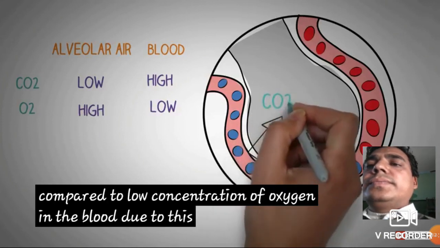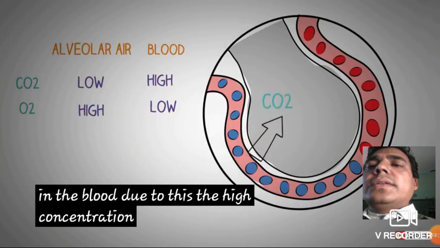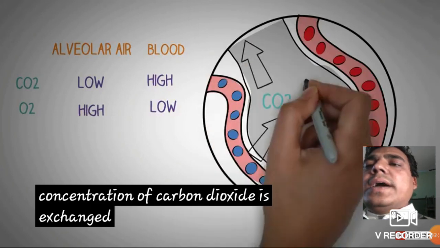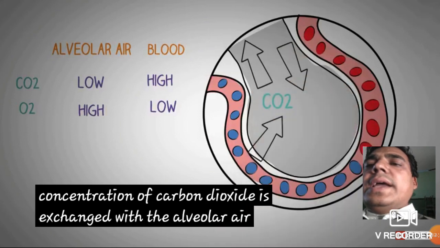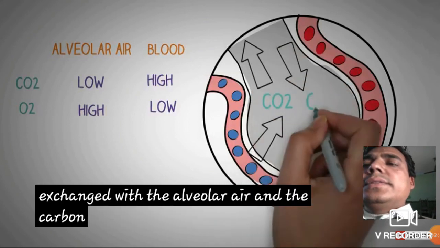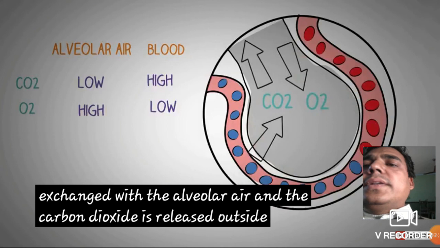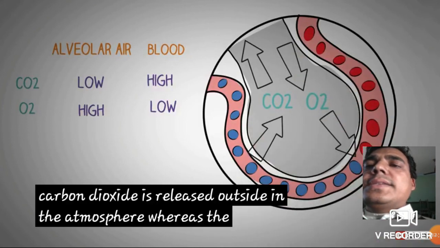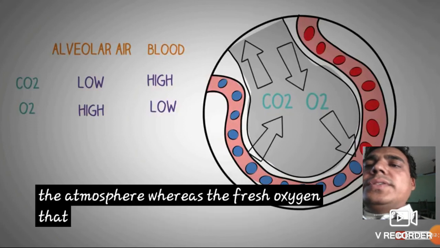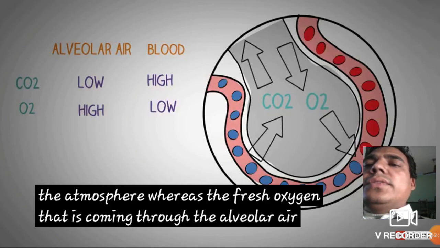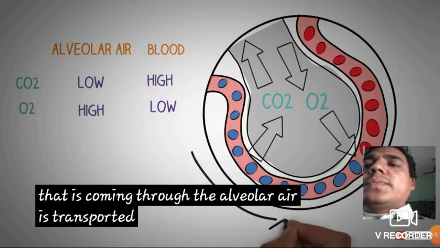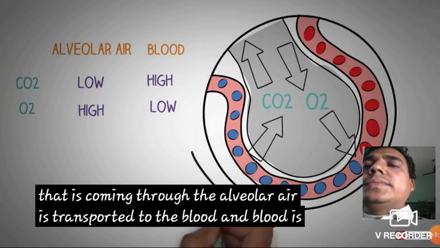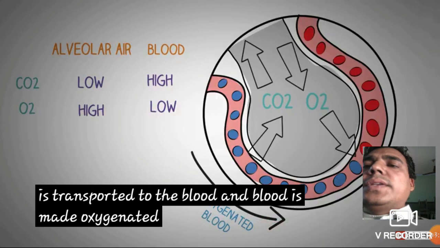Due to this, the high concentration of carbon dioxide is exchanged with the alveolar air, and the carbon dioxide is released outside into the atmosphere, whereas the fresh oxygen that is coming through the alveolar air is transported to the blood, and the blood is made oxygenated.